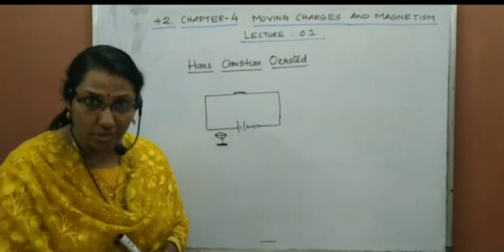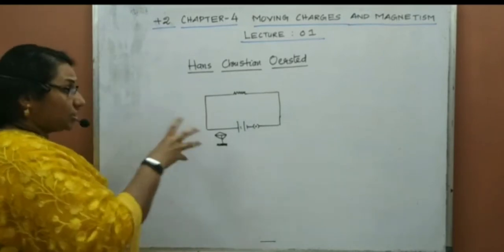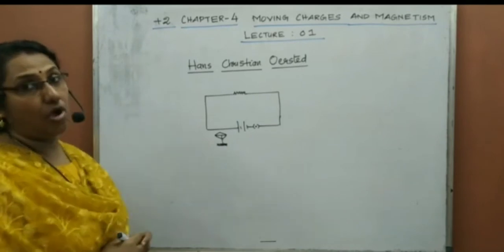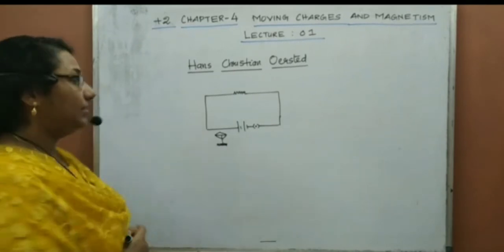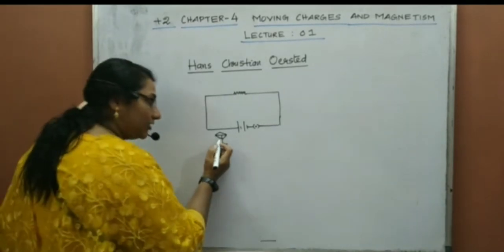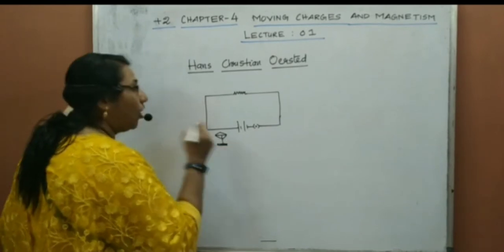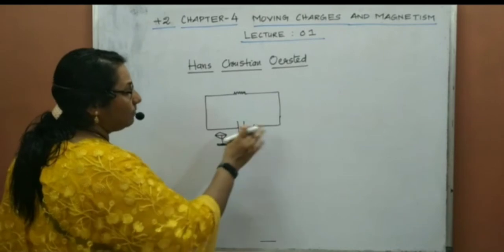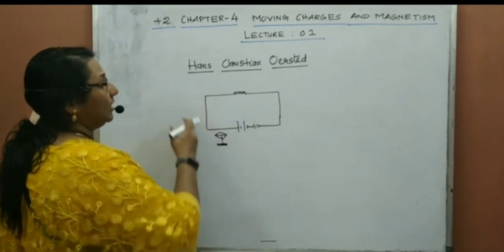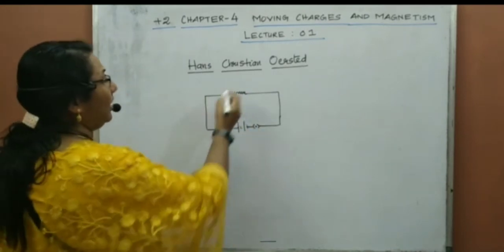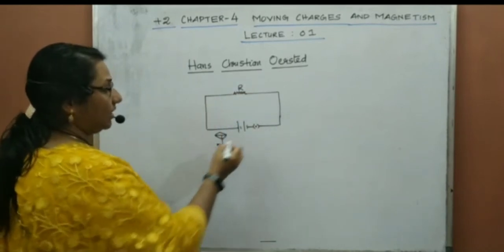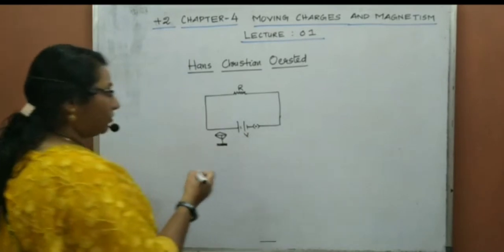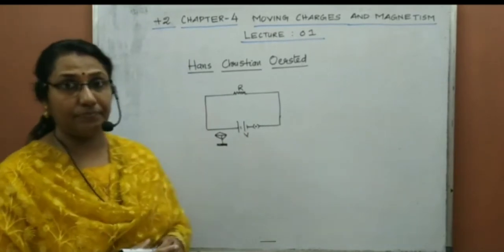A compass can deflect only in the presence of a magnet, but here there is no magnet, only a circuit having a resistance R and a battery providing a potential V. When the circuit was closed, the compass needle deflects.